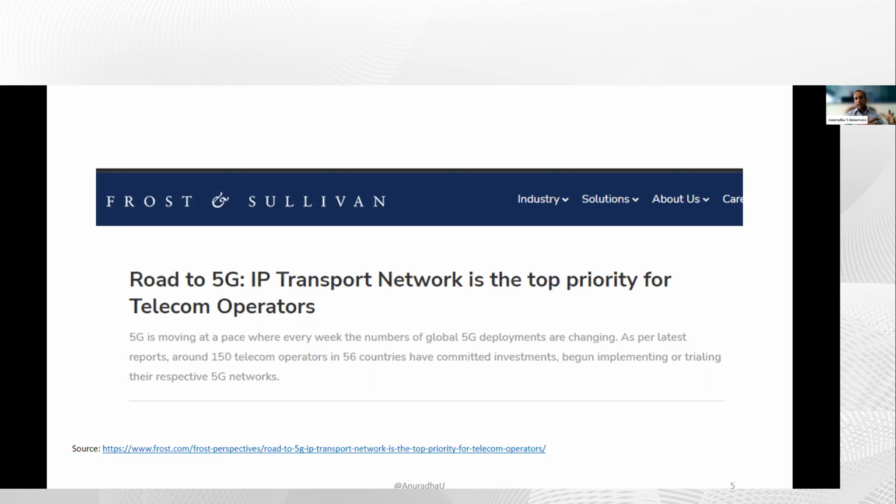Even if you have the radio access network ready, the radio access network also has a part of transport. If you have the antennas and the other stuff ready, and also the core network ready, but you don't have the interconnectivity between the RAN side and the core side for different services, then you are in trouble.